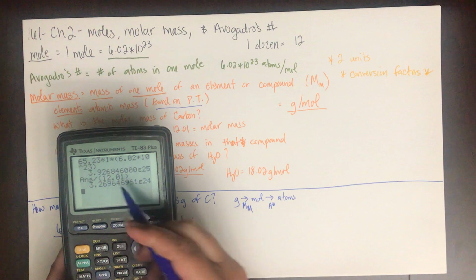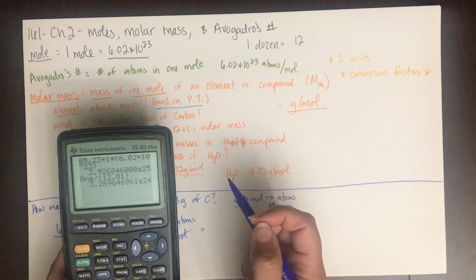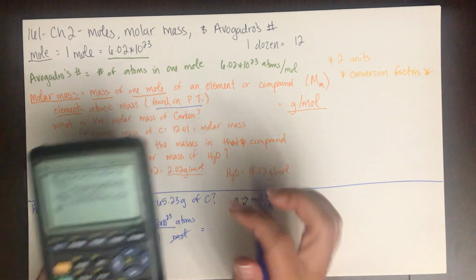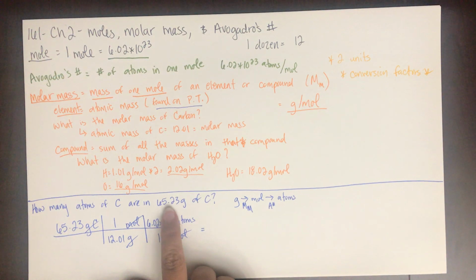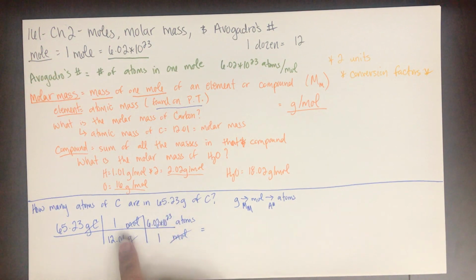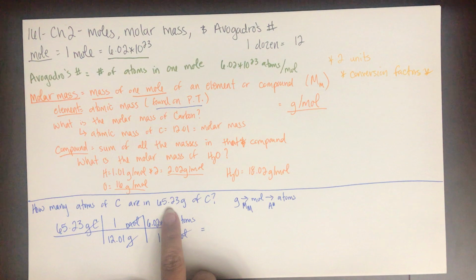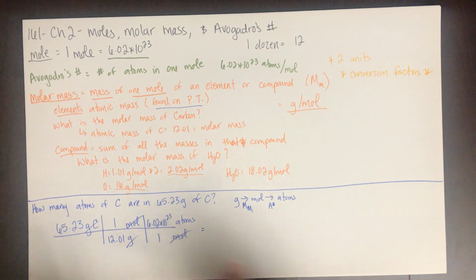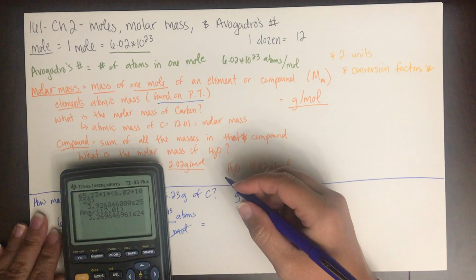So now I need to figure out how many significant figures I should have. Well, I'm using multiplication and division. I always use the number given to me in the problem. Remember, the molar mass and these are constants. They are exact numbers. They do not contribute to the number of significant figures. The number of significant figures in the problem is 4, so my answer should have 4 significant figures.